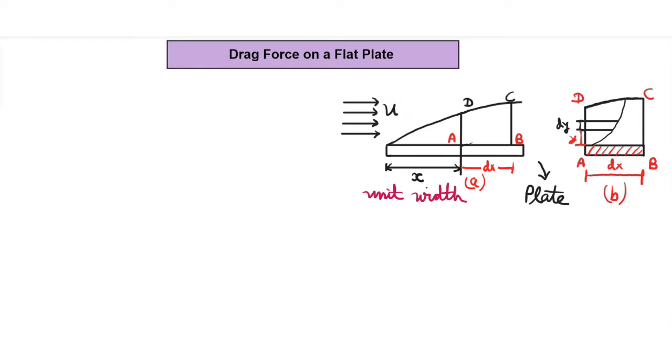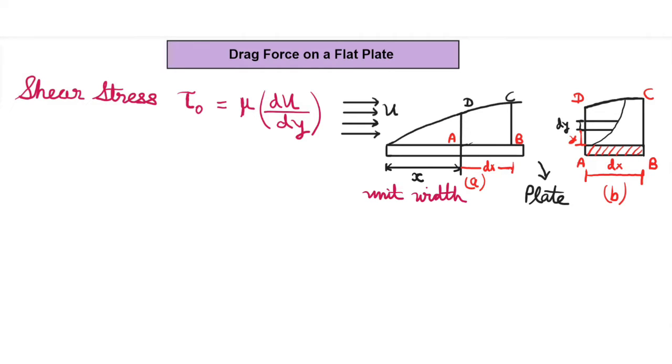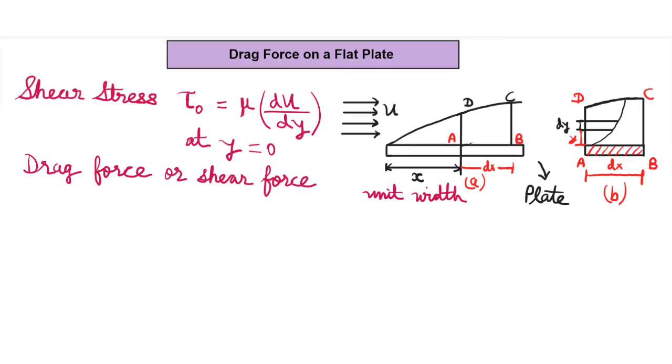The first step will be to write the equation for shear stress, which is tau naught equal to mu du by dy, mu into dU upon dy, and this is at y equal to 0. अब हमें फाइंड करना है ड्रैग फोर्स या shear फोर्स ओवर अ स्मॉल डिस्टेंस dx. तो dx के लिए जो ड्रैग फोर्स होगा, that will be shear stress into area.